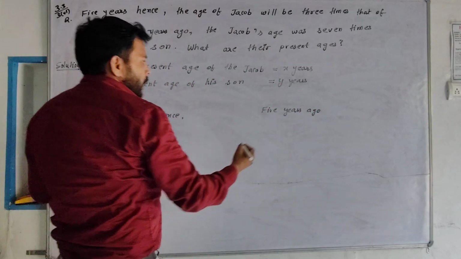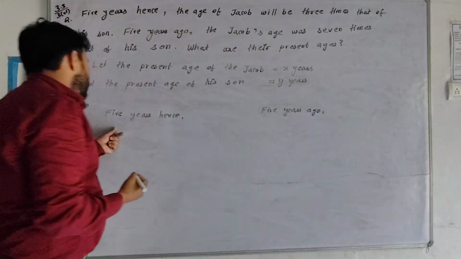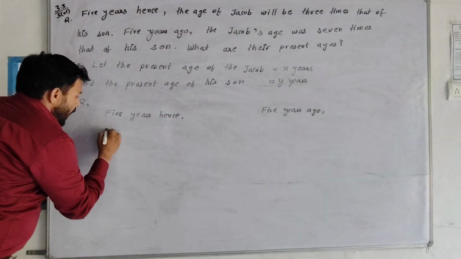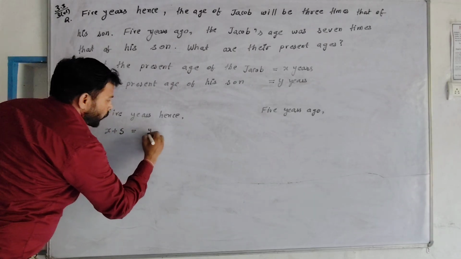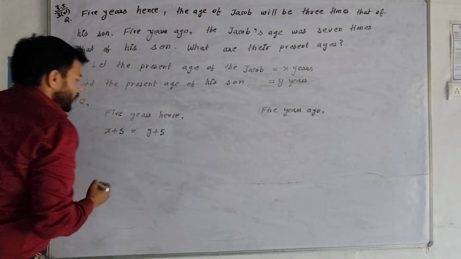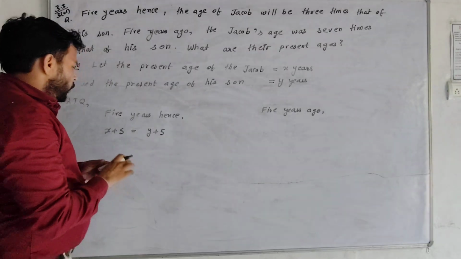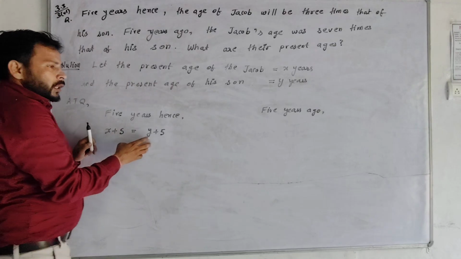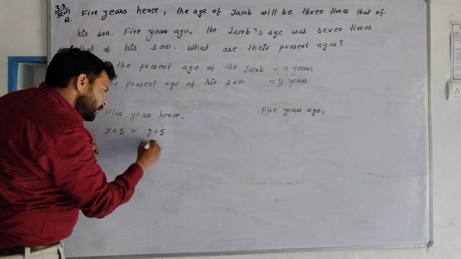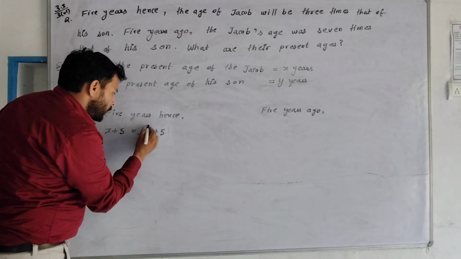Here the situation is that 5 years hence, x plus 5 equal to y plus 5. The question is that 5 years hence the age of his son is 3 times, so we multiply 3 here.